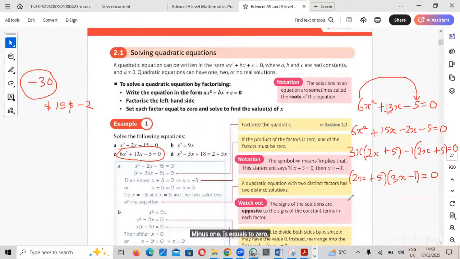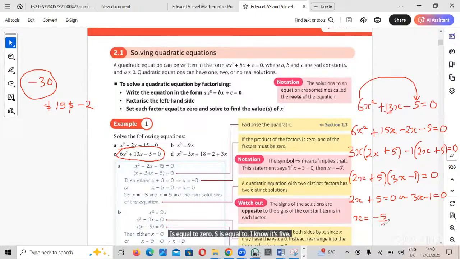So it will give us 2x plus 5 is equal to 0, or 3x minus 1 is equal to 0. So x is equal to minus 5 over 2, or x is equal to 1 over 3. Is that okay?